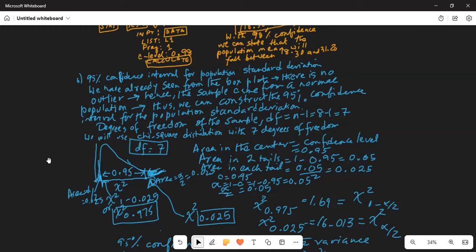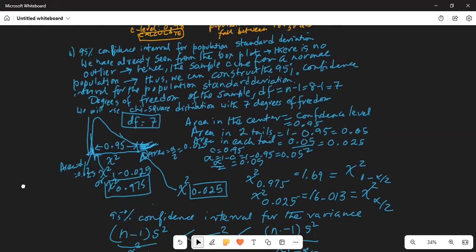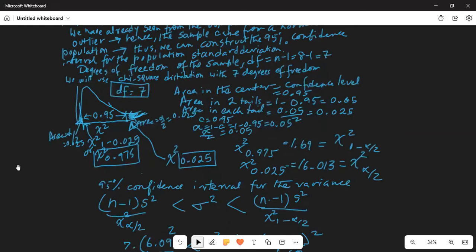The first column is degrees of freedom, where our degrees of freedom is 7 because sample size is 8, 8 minus 1 is 7. And we find the two critical values. One on the left is chi-square 0.975. One on the right is chi-square 0.025. These chi-square values are labeled on the top row of the table. Degrees of freedom is in the first column.